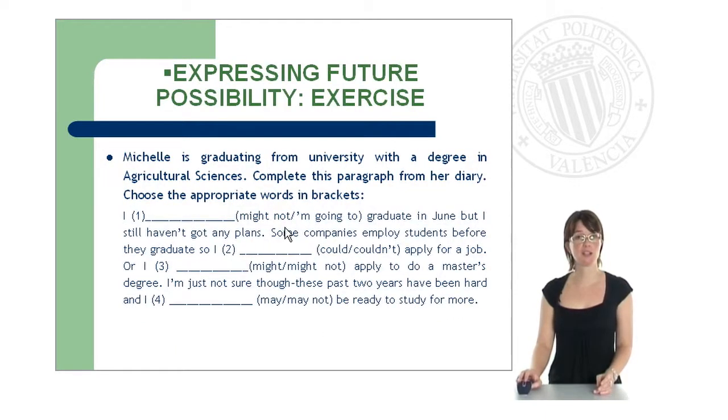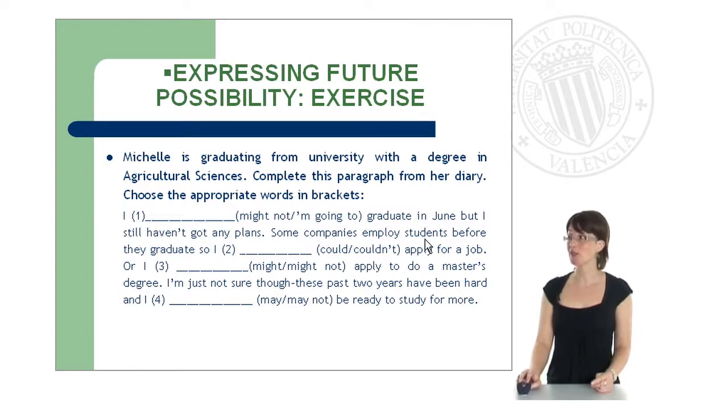Now let's have a look at an exercise to practice expressing future possibility. Michelle is graduating from university with a degree in agricultural sciences. So I want you to complete this paragraph from her diary. Choose the appropriate words in brackets. I, blank, might not, I'm going to graduate in June, but I still haven't got any plans.